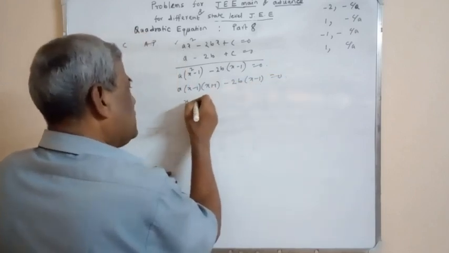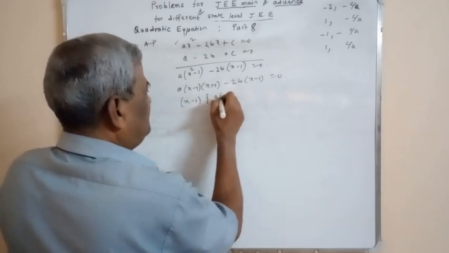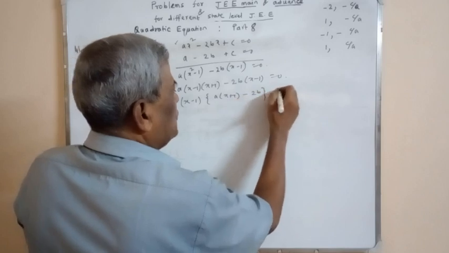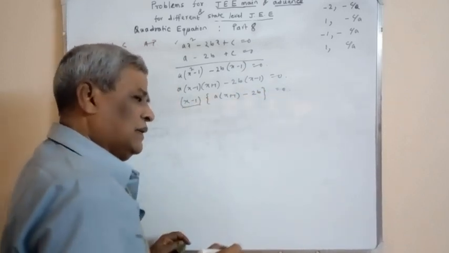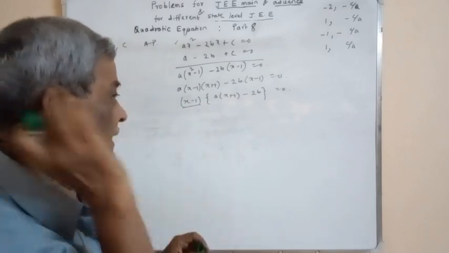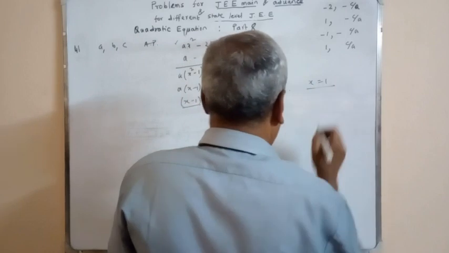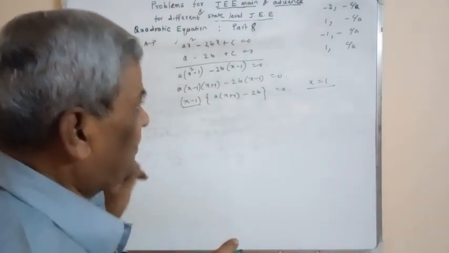So x minus 1 is a factor. Hence, x minus 1 is a factor. That is, x is equal to 1 is a root of the given equation. So 1 is a root.